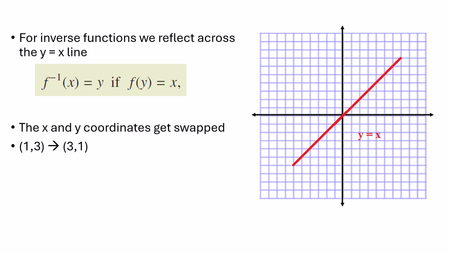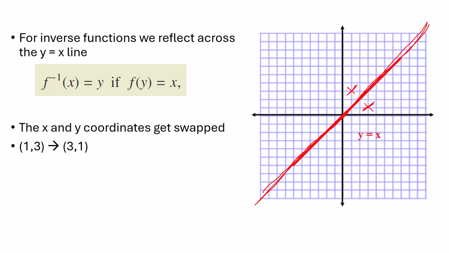Now for inverse functions, we're going to do the same thing, except we're going to reflect across this line here, the line y equals x. Now if we pick a point, and here we've got 1, 3, and we reflect it across that line, it's going to go over here, where now it is at 3, 1.